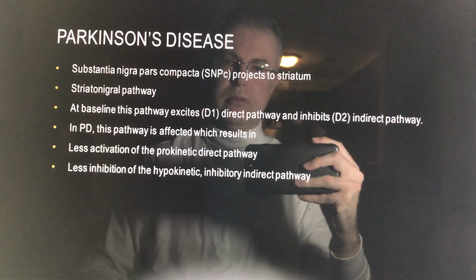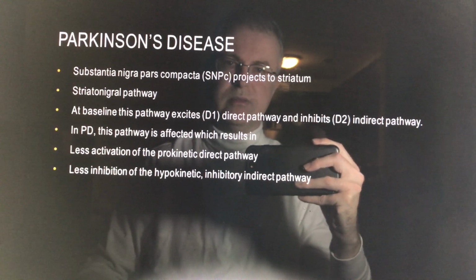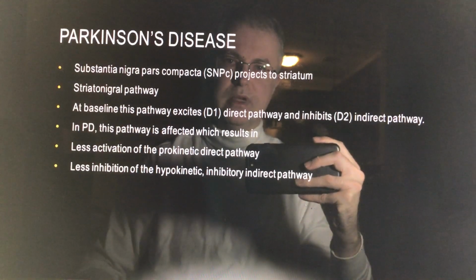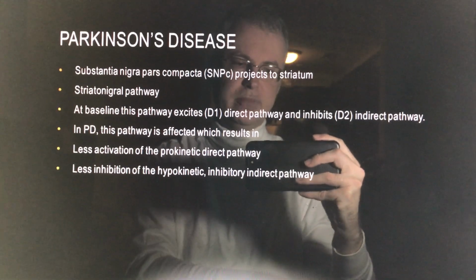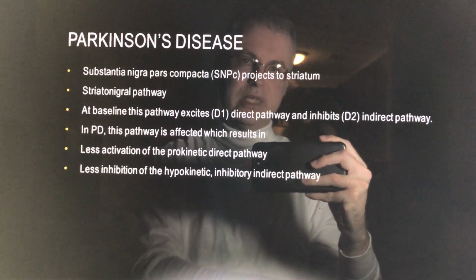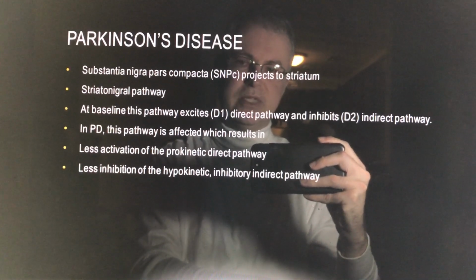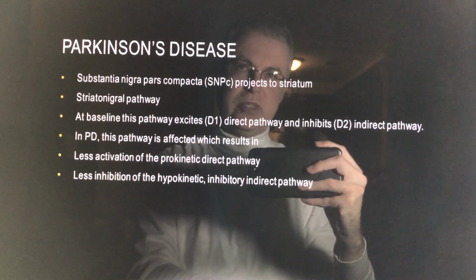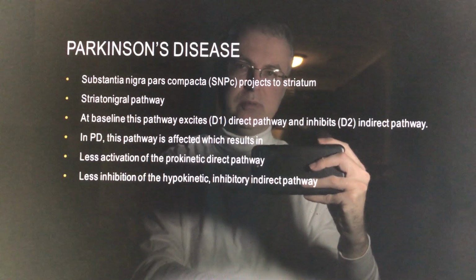So via both of these mechanisms, you're actually ending up with a hypokinetic picture. And again, contrast that to what's happening in Huntington's disease, where you're basically damaging initially the indirect pathway and causing more movements.